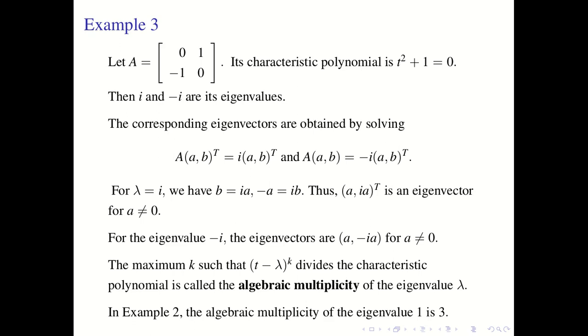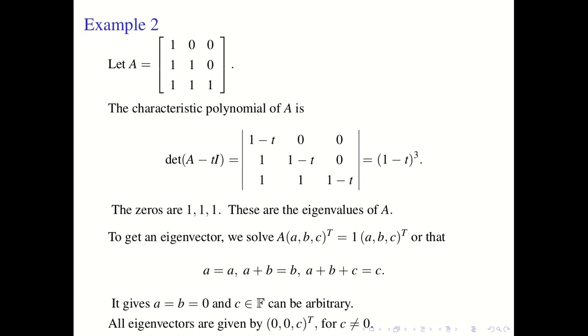Or in other words, if lambda is a root of the characteristic polynomial, then the multiplicity of lambda as a root of this polynomial is called the algebraic multiplicity. For example, in example 2, the algebraic multiplicity of the eigenvalue 1 is 3.